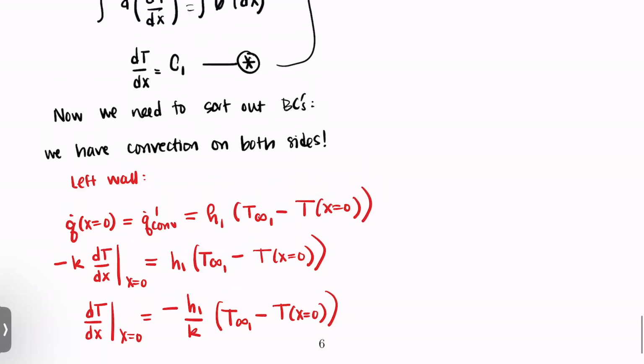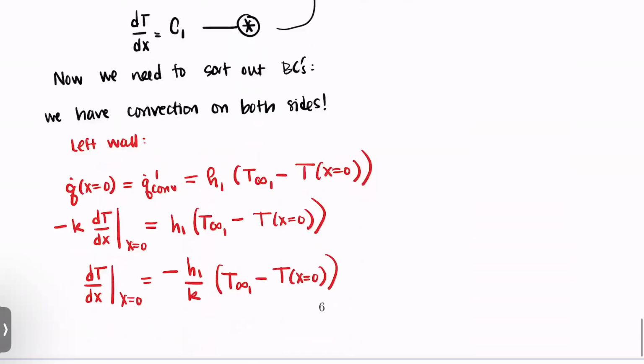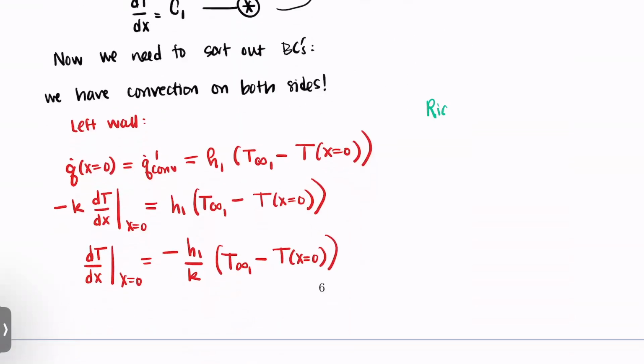We're going to do that exact same thing on the right-hand wall. Q dot at x equals L is equal to Q dot convection 2.